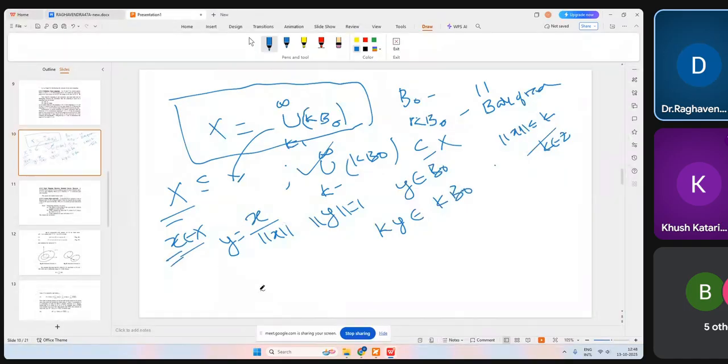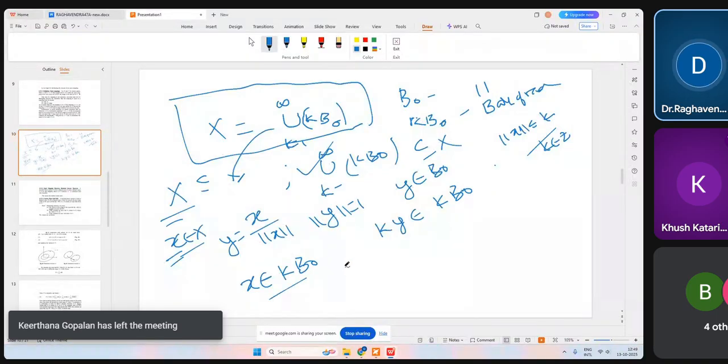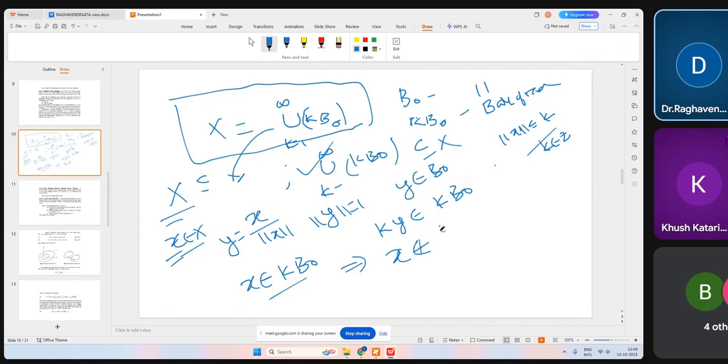Therefore this x will be in K times B0 for some K. Therefore x is in the union of K B0, K equal to 1 to infinity, because it is in some K B0. Therefore the union of K B0 is X. That's the proof. It's not given in the book, but I am giving you the proof myself.